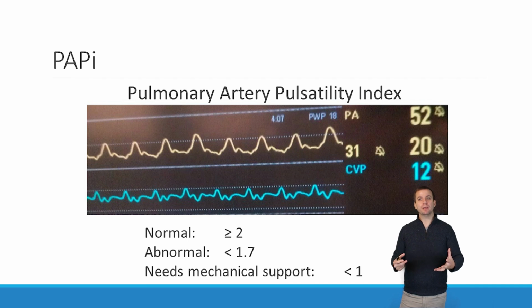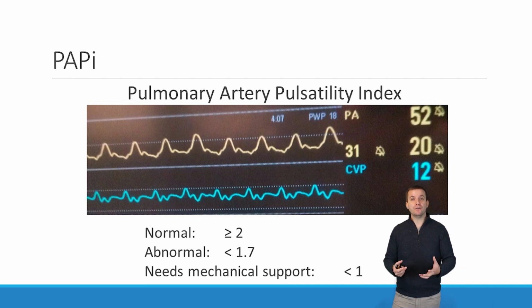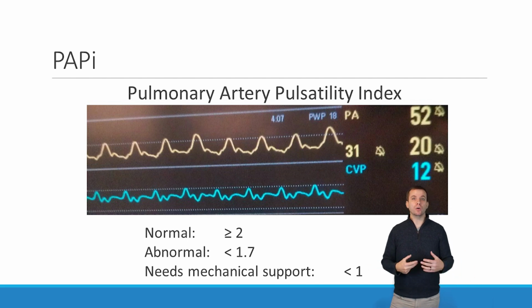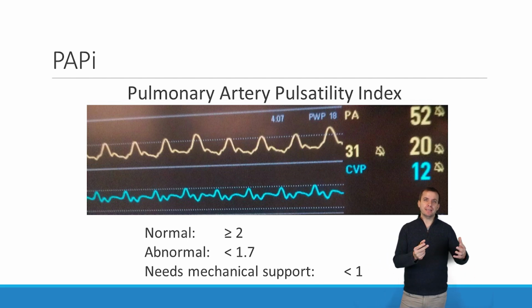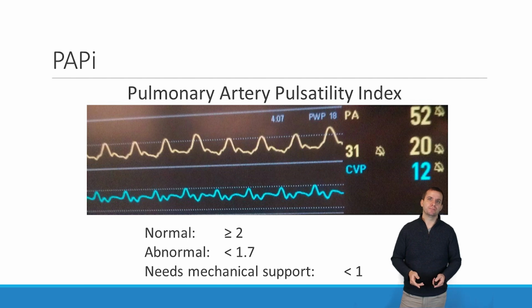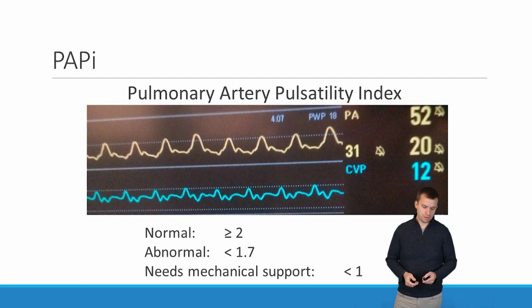So you'll hear people say, I really need to focus on, is the PAPI less than 1? That doesn't mean 1 or 1.1 is normal. It just means that if it was less than 1 and they were still in shock, they needed some sort of RV support device or some sort of RV bypass, whereas actually abnormal is less than 1.7.